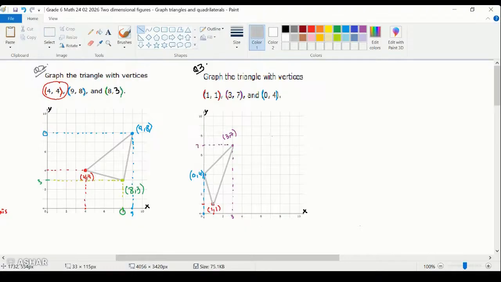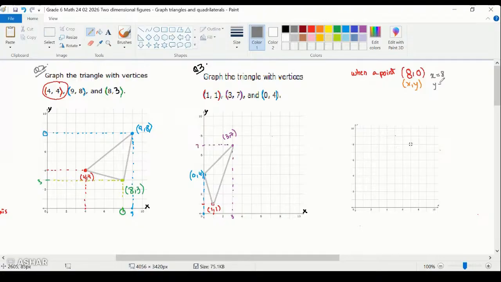One thing we need to remember is, let me explain this first. I'm just giving some explanation over here. What we need to remember is, when a point or a vertex has, let's suppose, the coordinate 8 comma 0, this means these values refer to x comma y, where x was 8 and y was 0.